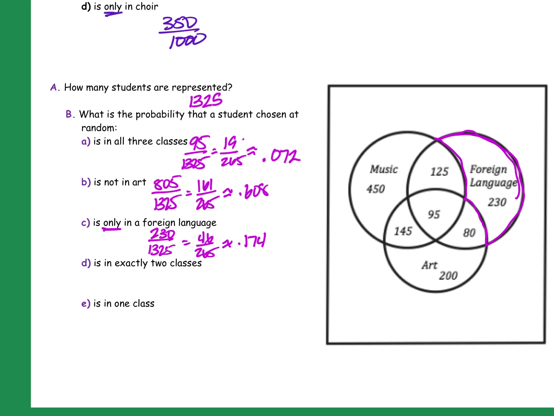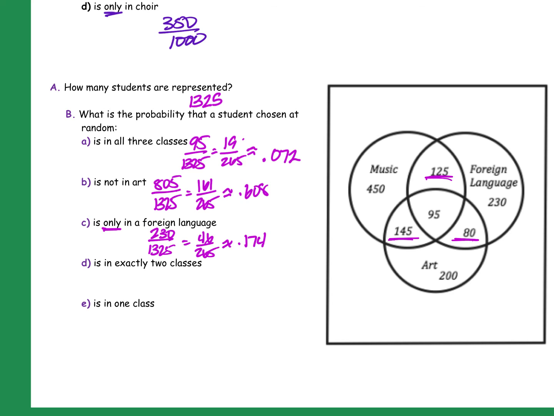Okay, how many are in exactly 2 classes? Which ones are in 2 classes? 125, 145, and 80. I'm going to add those together because those are the only ones in 2 classes.